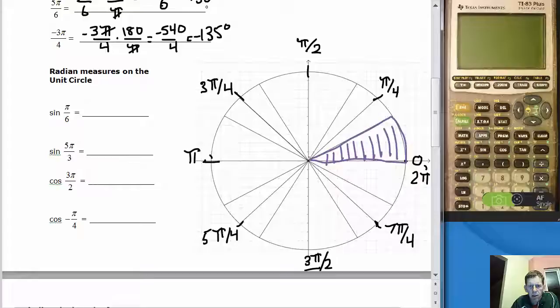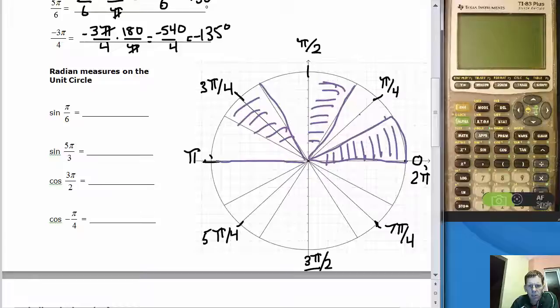We have this one. Here's our next one. I'll shade an alternate one so you can see what I'm talking about. Here's our third one. Here's our fourth one going right through here. Here's our fifth one, and here's our sixth one. It's like there'd be 6 pieces of cake here. This splits the unit circle into sixths.